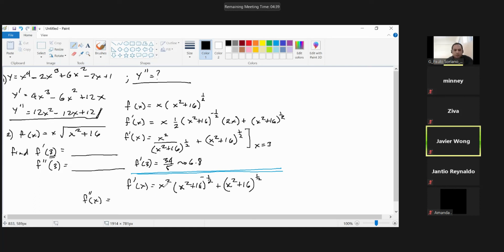That will be: copy this, x squared, times the derivative of this, negative 1/2, times (x squared plus 16) raised to negative 3/2, negative 3 over 2, times 2x.